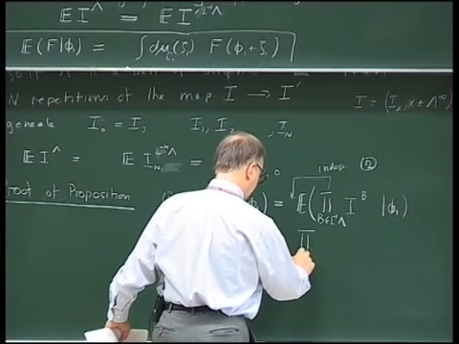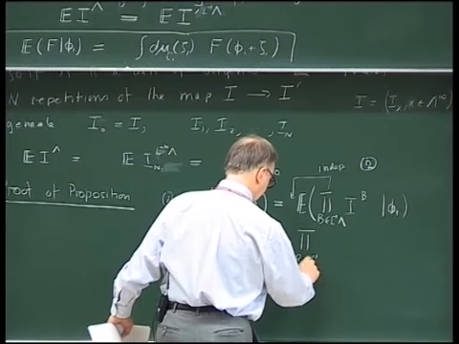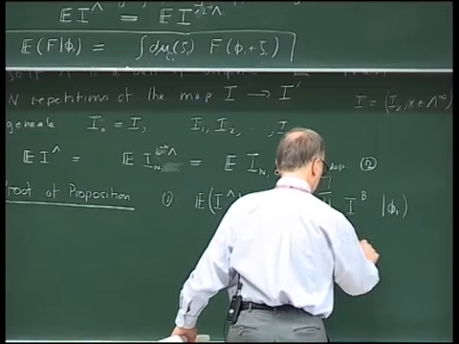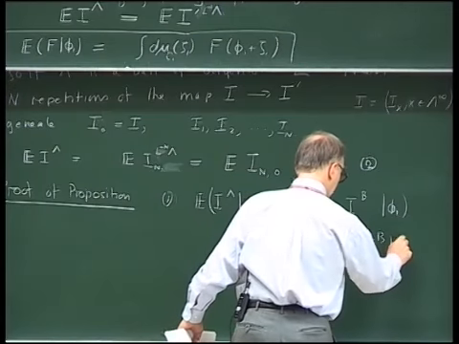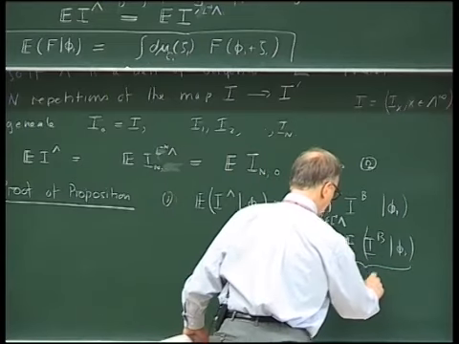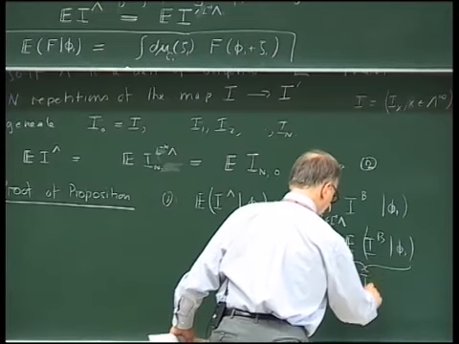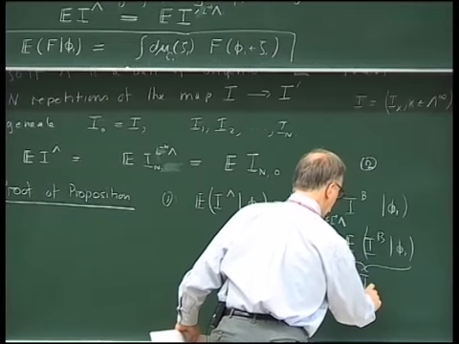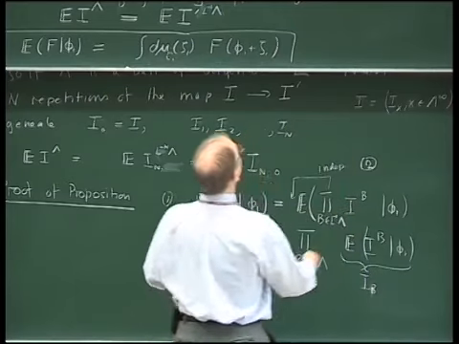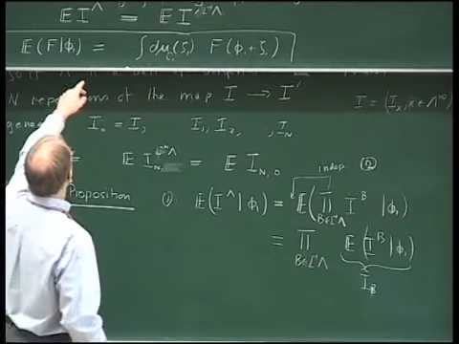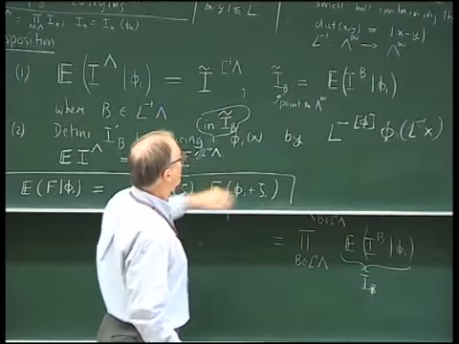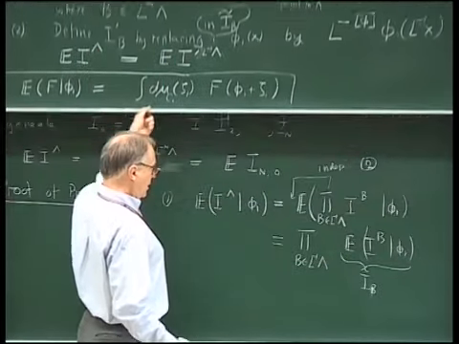It'll be the product of B inside L inverse lambda, expectation of I to the B conditioned on phi 1. But this thing here is what we're calling I tilde. That's how I've defined I tilde of the ball B. So that's written in this messy proposition somewhere around here. We've defined I tilde that way.